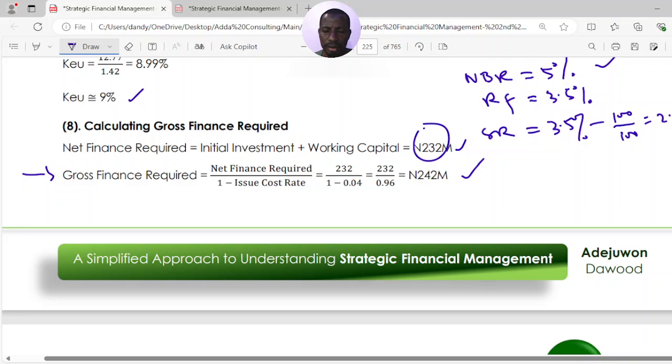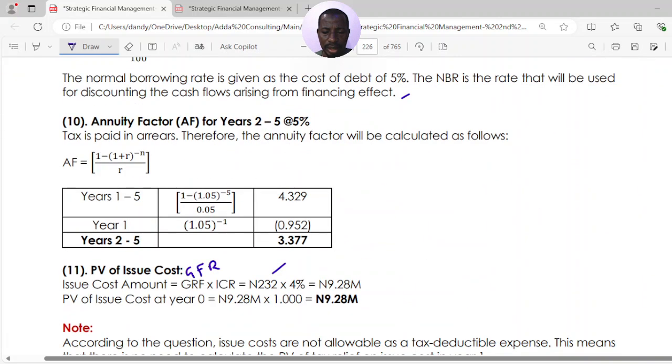Oh, there's an error there. It's supposed to be 242, not 232. So it's supposed to be 242.